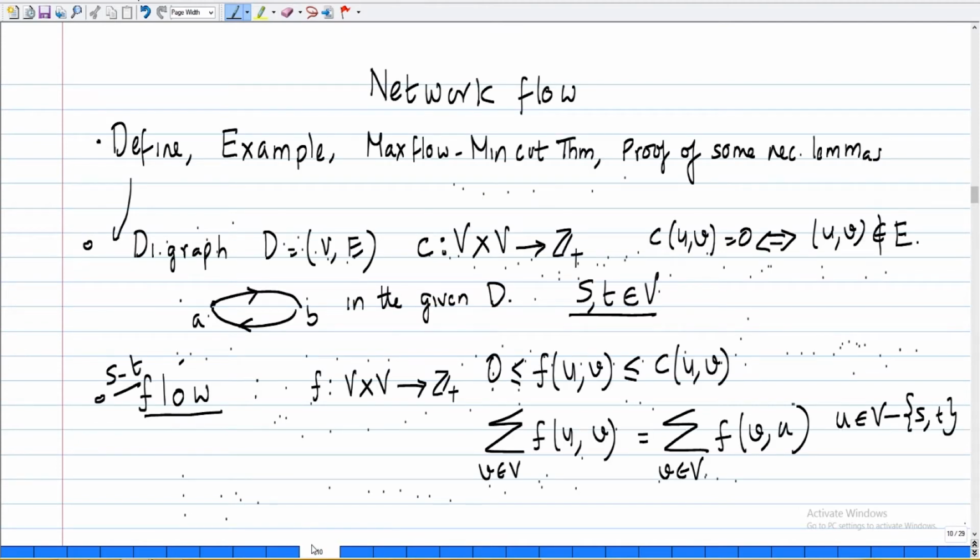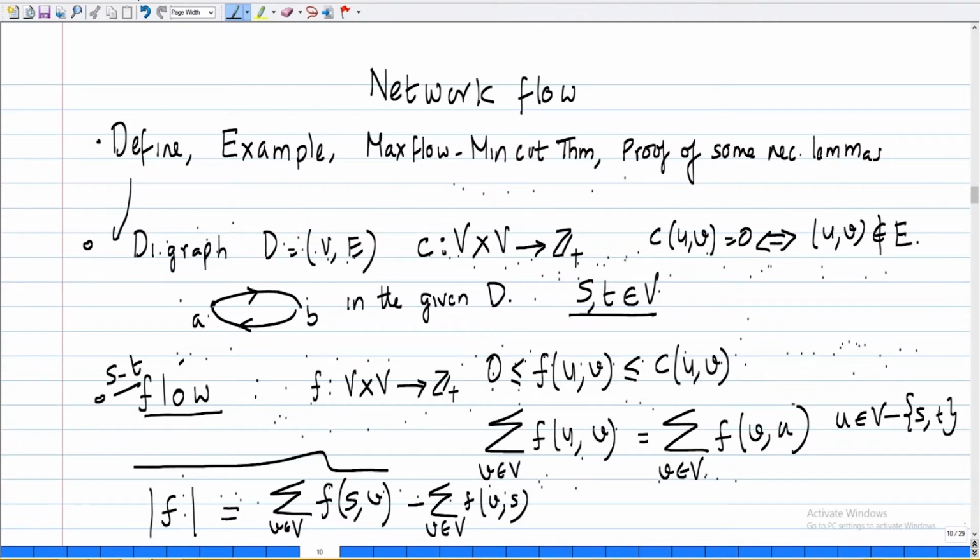So let's do a small example. And maybe before I do the example, I can even tell you what is the value of a flow. The value of the flow is calculated at S. This is a very, very important parameter.